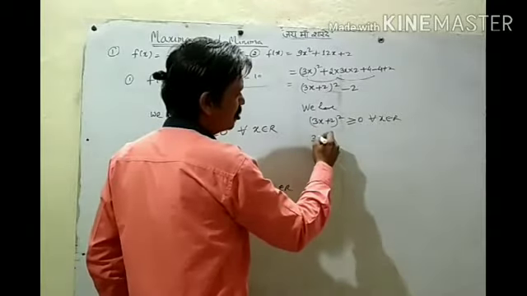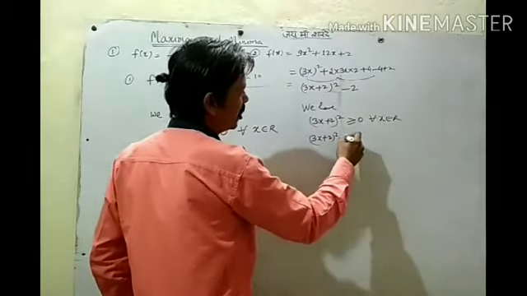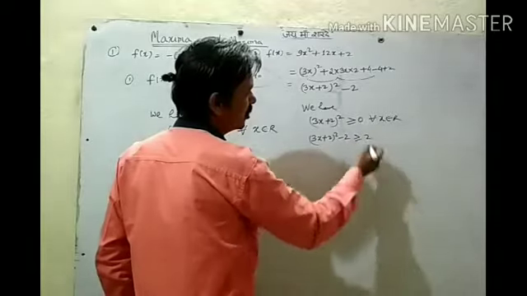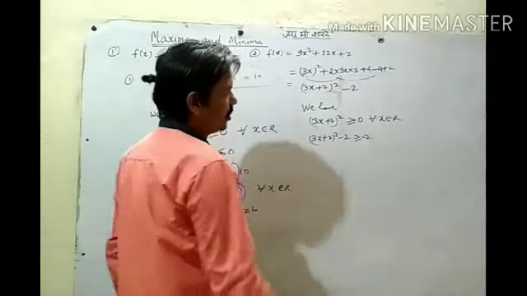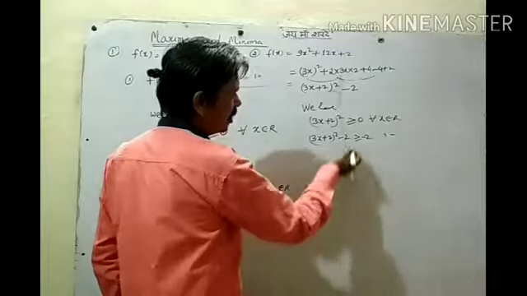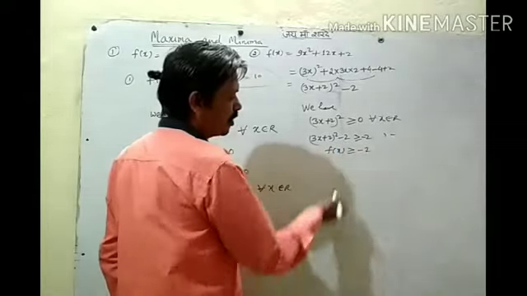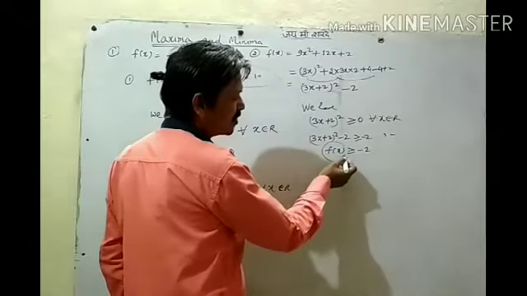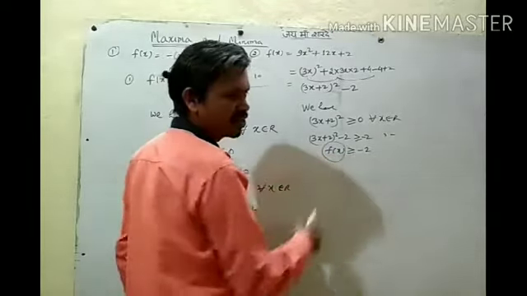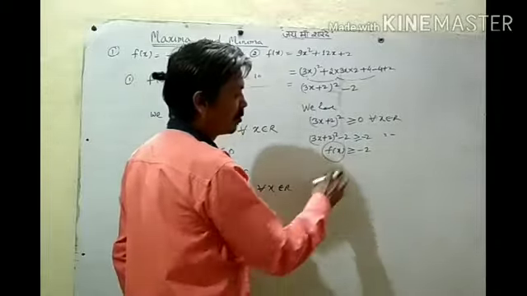Now there is minus 2. So if we subtract 2 from both sides, for all x, this is your f of x. So f of x is more than or equal to minus 2. All the values of f of x are more than or equal to minus 2.